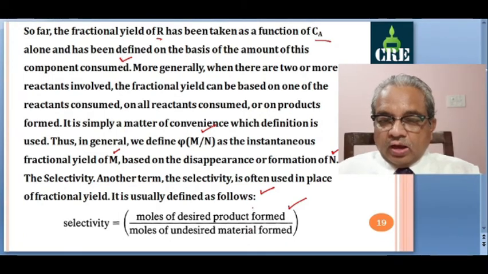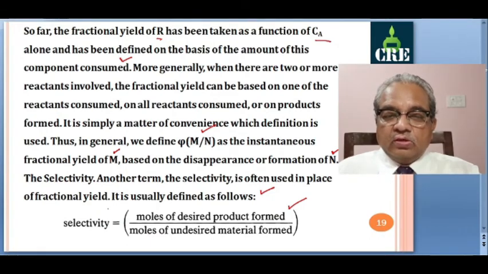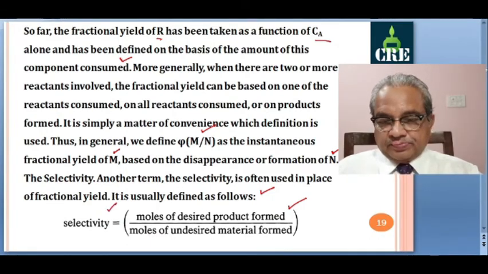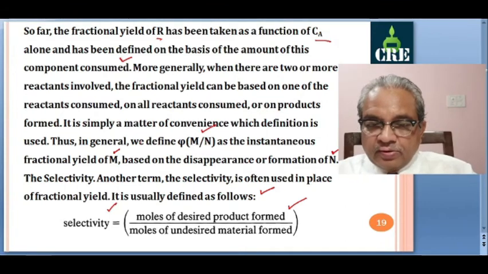If R is the desired product, then moles of R formed, and S is undesired, so moles of S formed. So it is selectivity, and depending on the desired product, if R is desired, selectivity for R should be high.